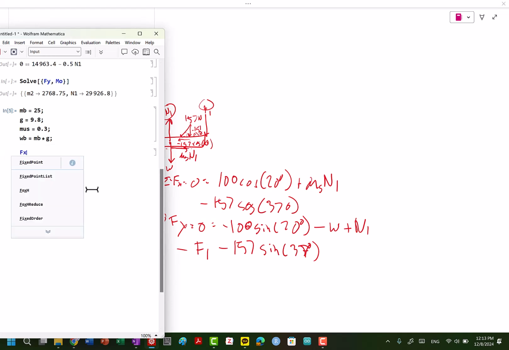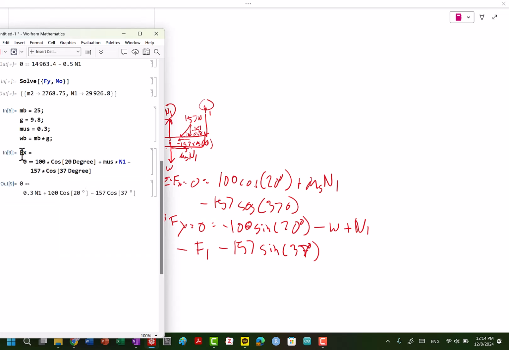So I need my equation. I'm going to say f of x is equal to 0, which is double equal, to 100 times cosine of 20 degrees plus mu s times n1 minus 157 times cosine of 37 degrees.